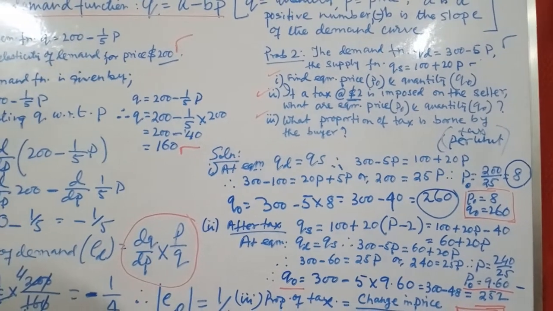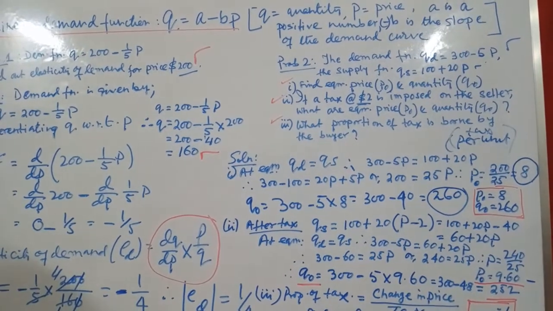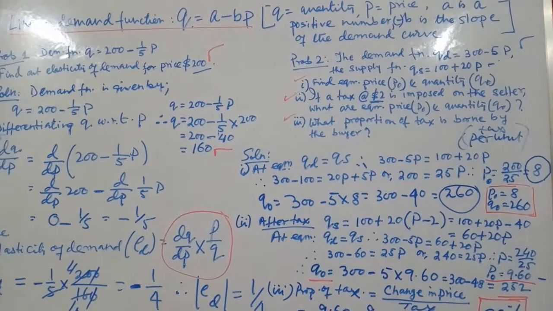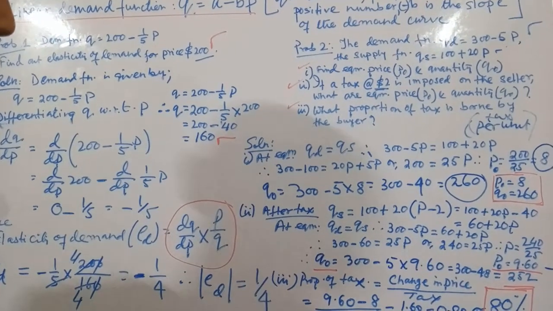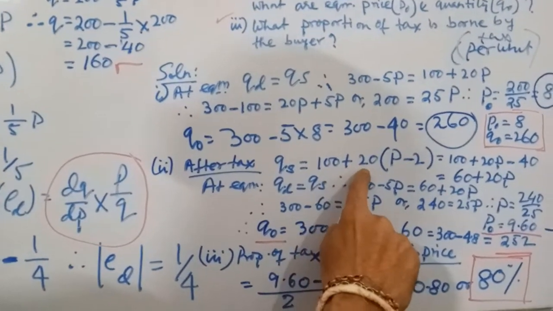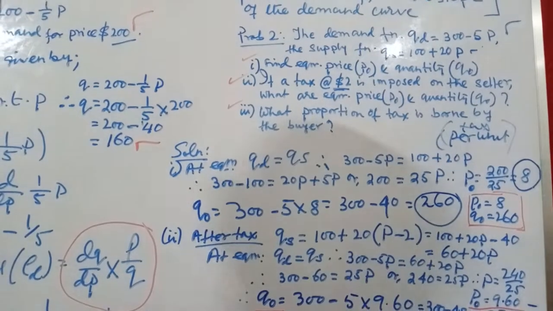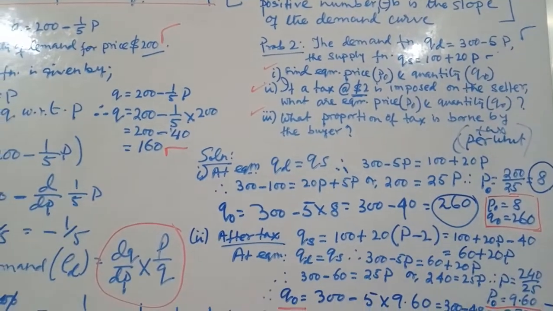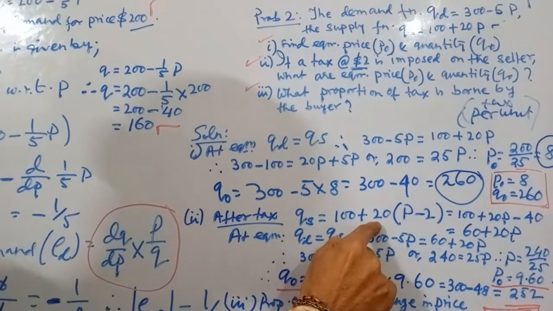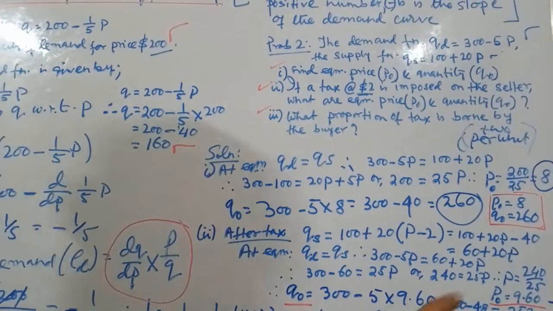So when a tax of $2 per unit is imposed, the supply function changes and the new supply function becomes QS equals 100 plus 20 into (P minus 2), because 2 is the tax per unit. That is equal to 60 plus 20P.